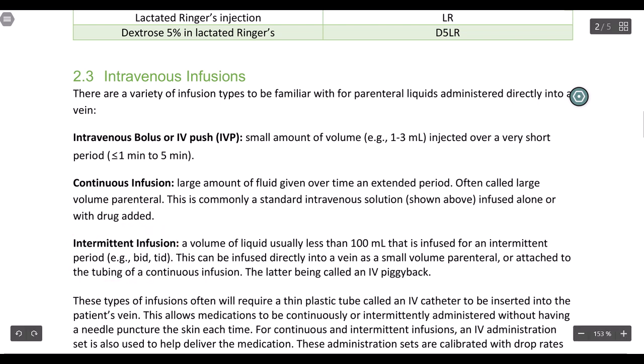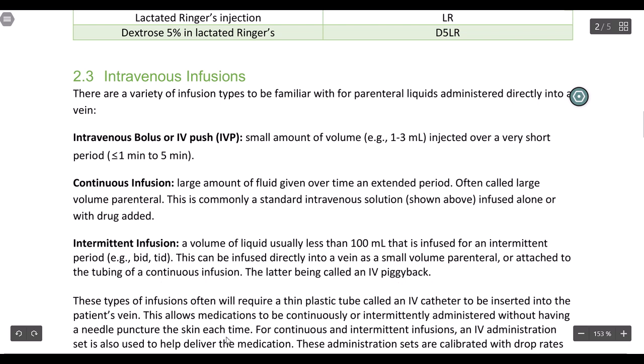Let's say somebody needs to get an antibiotic and it's about 100 mLs that the antibiotic was diluted in. You're going to give this 100 mLs over a short period of time, maybe like 1 hour, 30 minutes. This is going to be, again, by an IV line, and it will sometimes be connected to another IV line that the patient already has. And in that case, it's usually called an IV piggyback.